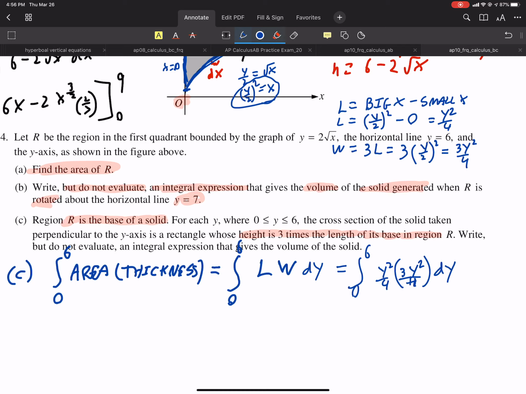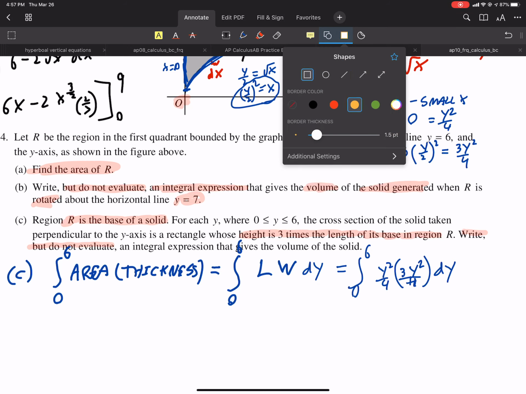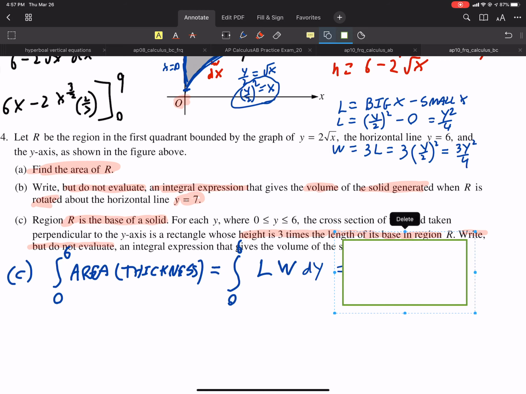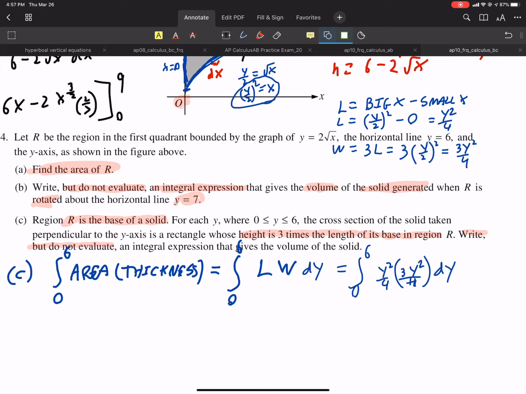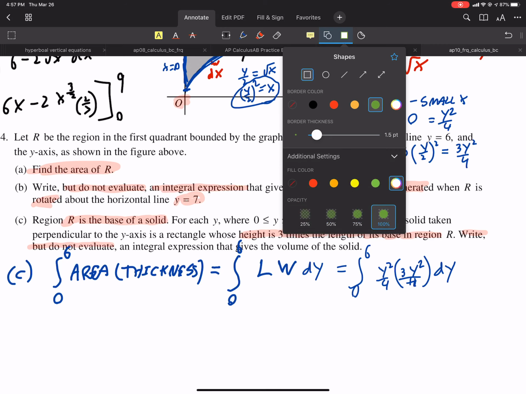And I love this part, write, but do not evaluate. I am done. I am completo. Bam, watch this. Oh, no, I don't want that. Okay, let me change that. Fill, no fill.